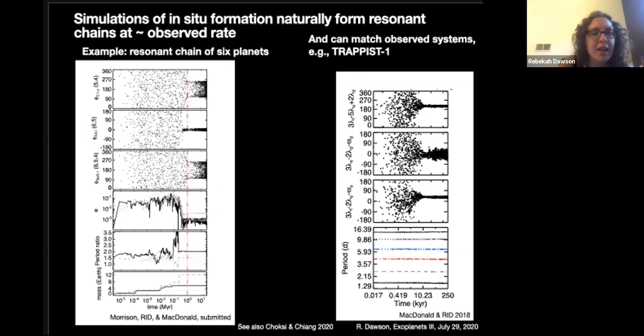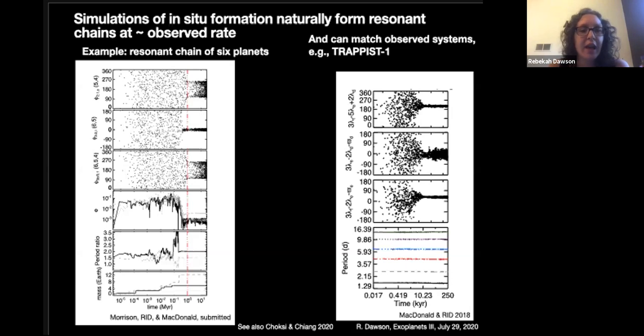You can see eccentricities being damped by a little bit of gas that's still around, and planets settling into their final masses and orbital period ratios. This is just one of a bunch of in situ formation simulations, but it ended up producing a resonant chain of 6 planets.